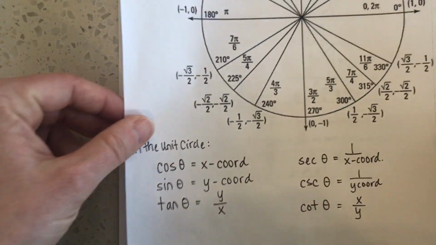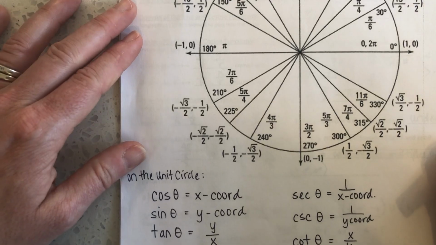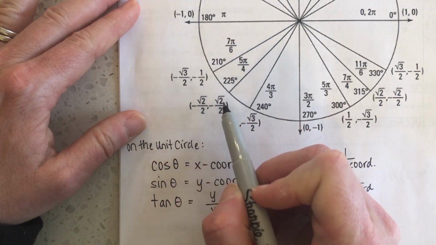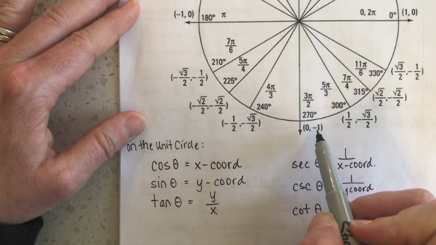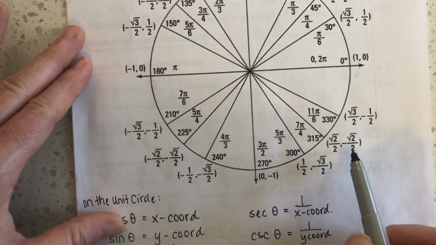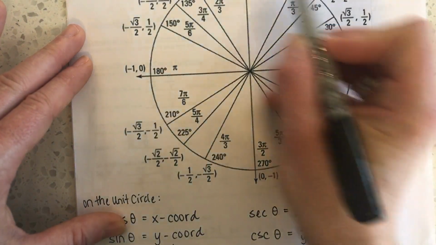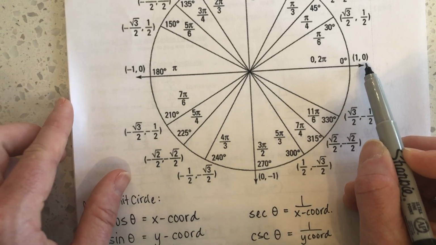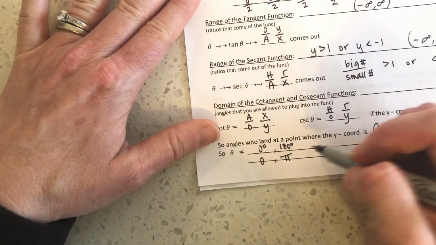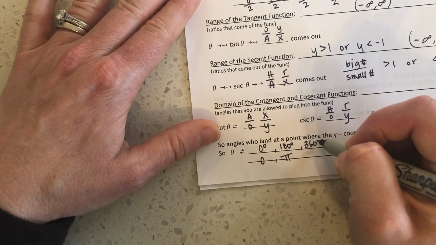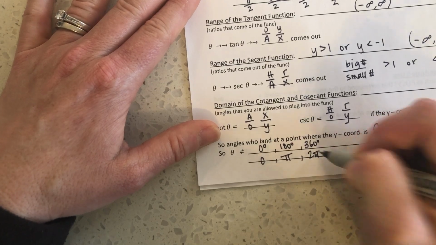What other angles have a y coordinate of 0? Let's see. No, no, no, no, no, no, no, yes. So now I'm back at 360 degrees, which is also bad. Well, that's 2 pi radians, right?